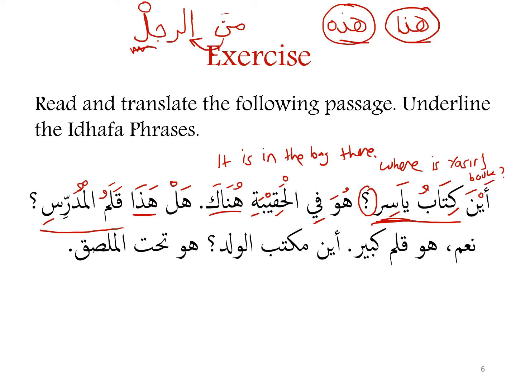So hal would mean is this. Hal هذا قلم المدرس, mudarrisi would mean teacher. So is this, how will we translate قلم المدرس, is this the pen of the teacher or the teacher's pen?